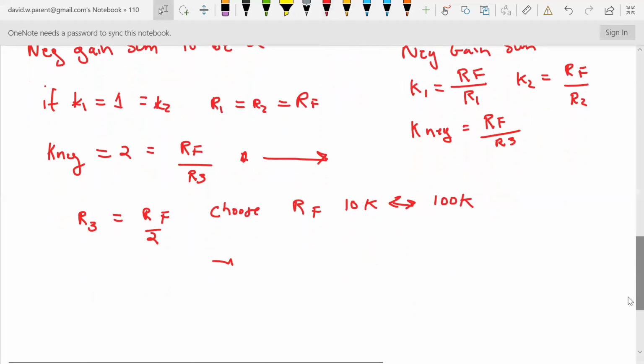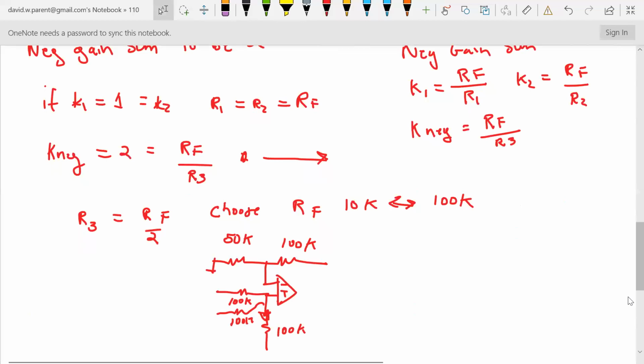And that means, so that's 100K, 50K, oops, 100K, 100K, 100K tied to ground. That was 1, and that was 2. So that's how you would go about that final bit, choosing the resistors, all right?